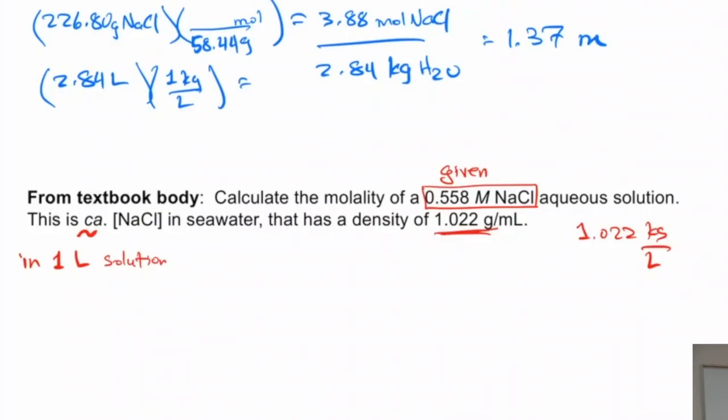So how many milliliters in a liter? 1,000. So this is 1,000 milliliters of solution. And the density of that solution is 1.022 grams per milliliter. That's going to give me the mass of the solution, which, because we're working with 1 liter, that's easy, right? That's 1,022 grams of solution.